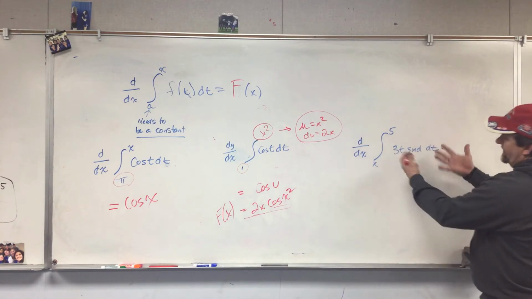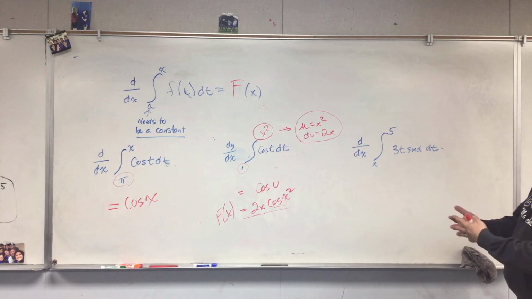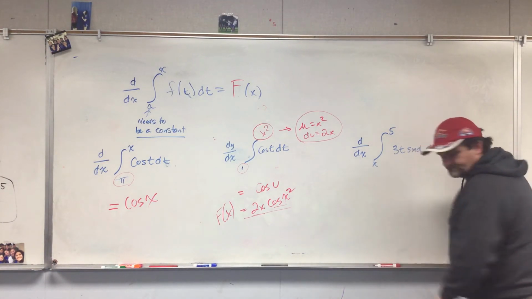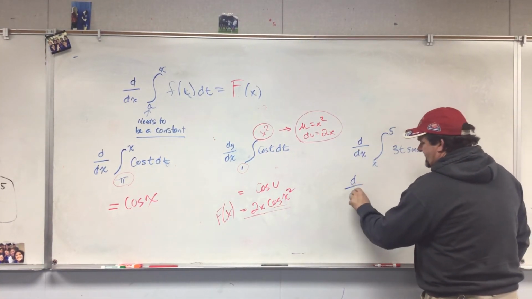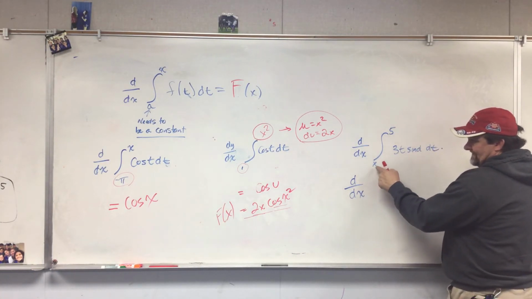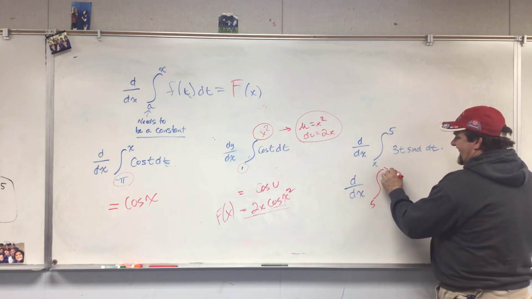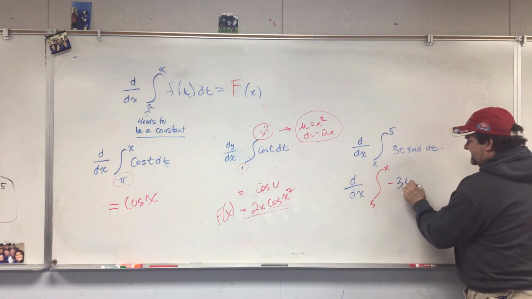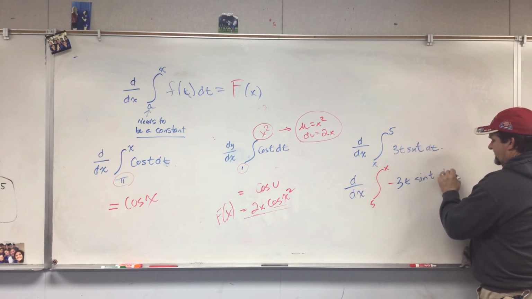All right, so now we go to this one here. Cool, constant's not here. Don't forget, we can manipulate these things. So we can say d/dx, because I need the constant here, is from 5 to x, and that just changes the sign. 3t, so that should be a t right here, sine of t dt.